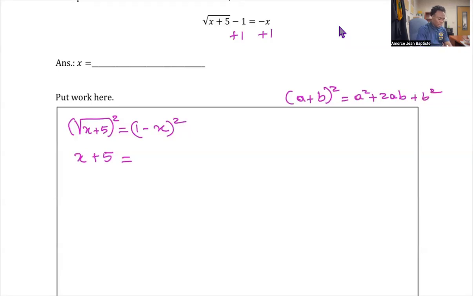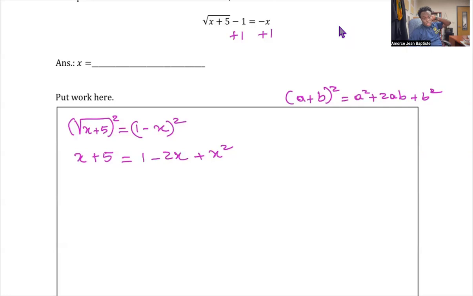We don't want to forget that. So that's 1 squared minus 2 times 1 times x, so that's 1 minus 2x, and then plus x squared. So that's 1 minus 2x plus x squared.